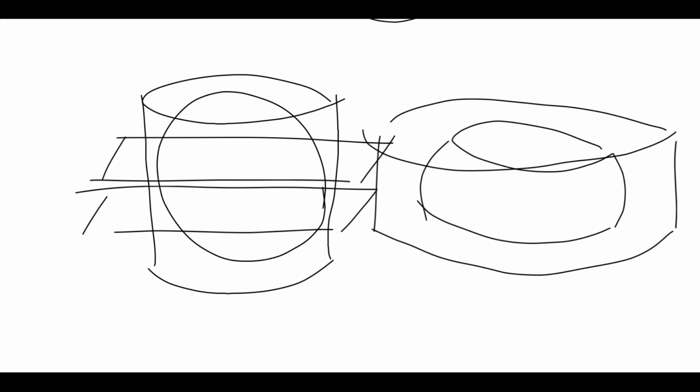Now it turns out that these two bands always have the same surface area. So not only are the total surface areas the same, but every single slice gives you two regions with the same surface area.